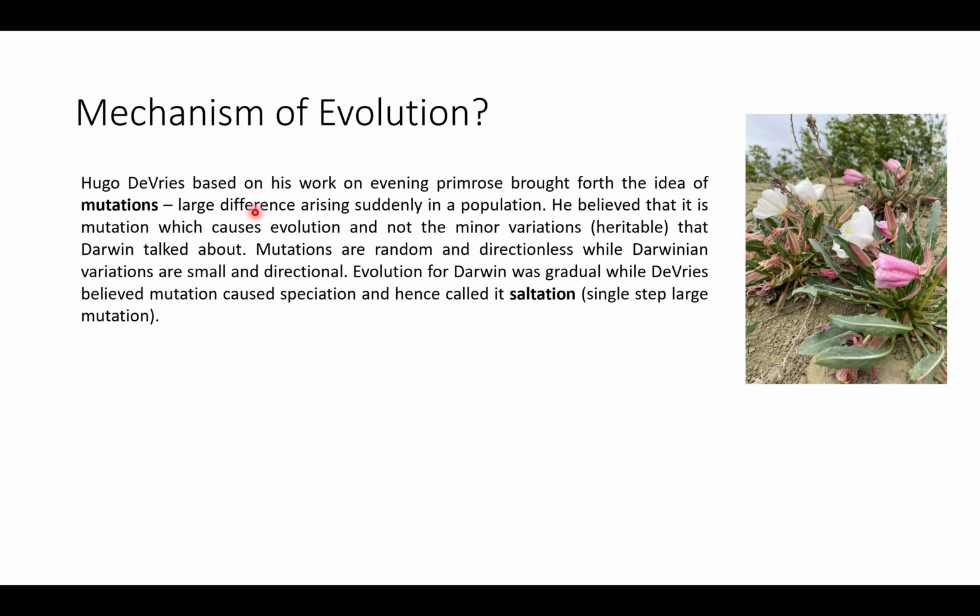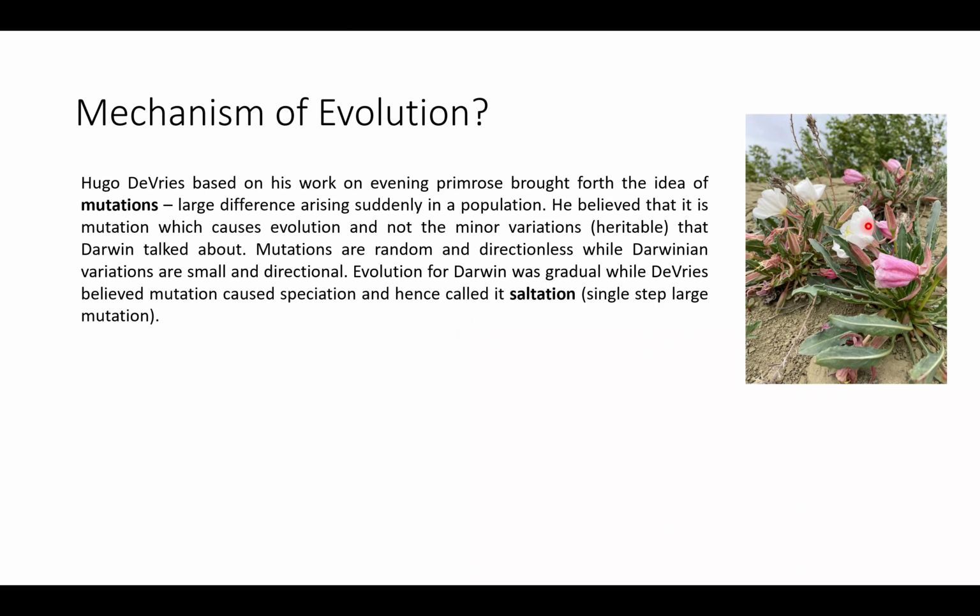So these are the two concepts of evolution. One is slow and steady, given by Darwin, which is called natural selection, and the other is more frequent or large changes, which is called mutation. And the thing which is much more responsible for mutation is sexual reproduction.